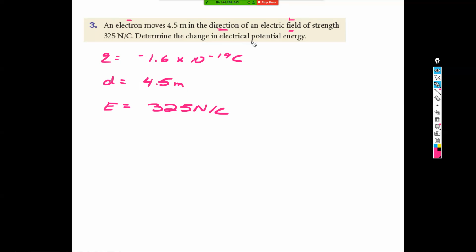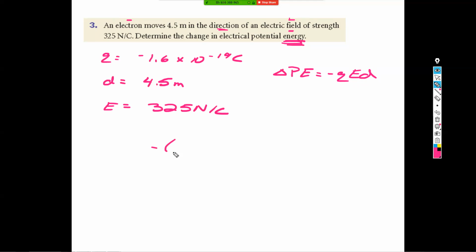Determine the change in electric potential energy. So I'm dealing with joules, a change in potential energy. Looking at what I have, Q, E, and D, that's the equation I want to use.